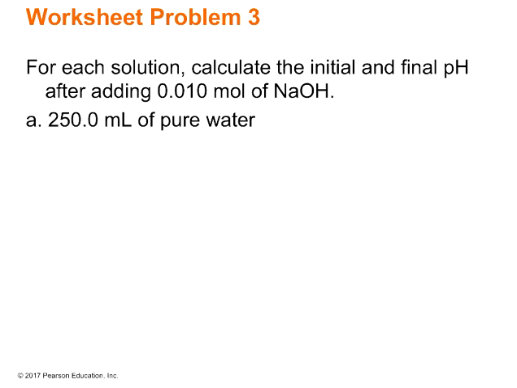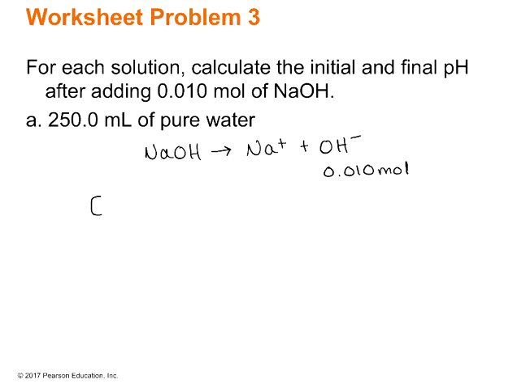So again, we have sodium hydroxide, which completely dissociates into sodium ions and hydroxide ions. So if we're starting with 0.01 moles of sodium hydroxide, we'll end up with 0.01 moles of hydroxide ions in solution.